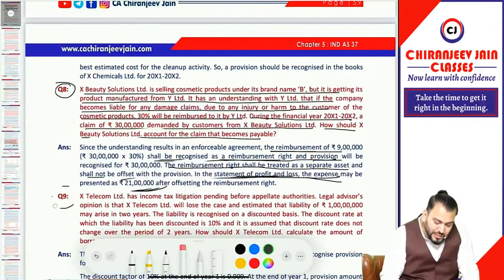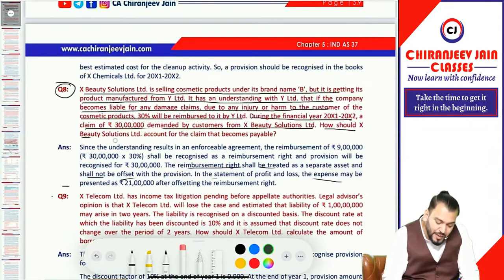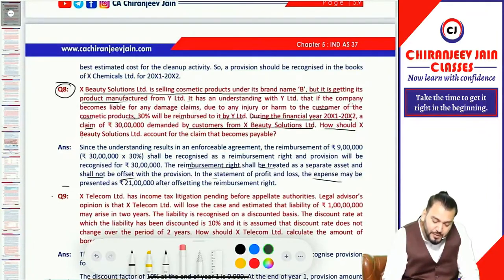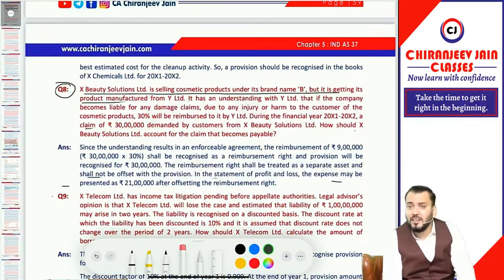X Beauty Solution Limited is selling a cosmetic product under its brand B, but is getting its product manufactured from Y Limited. It has an understanding with Y Limited that if the company becomes liable for any damages claim due to any injury or harm to the customer of the cosmetic product, 30% will be reimbursed to it by Y Limited. There is an understanding.